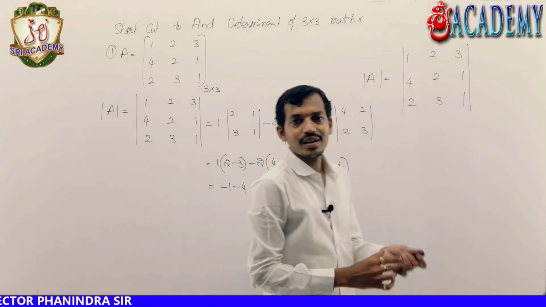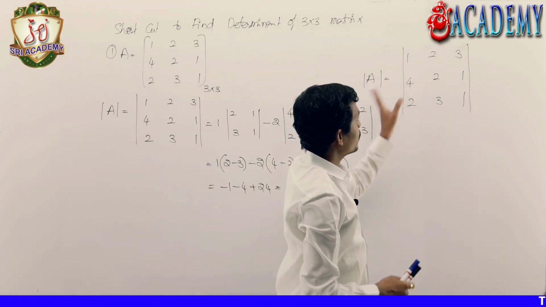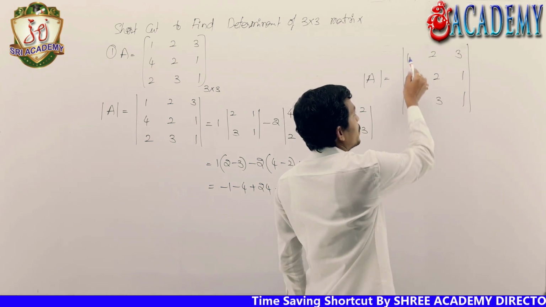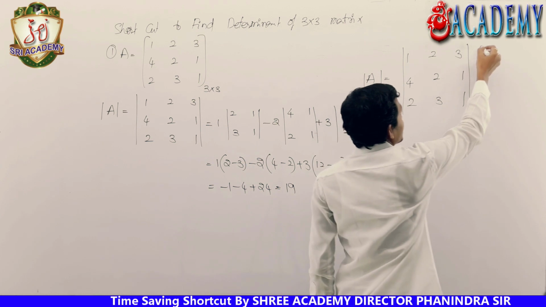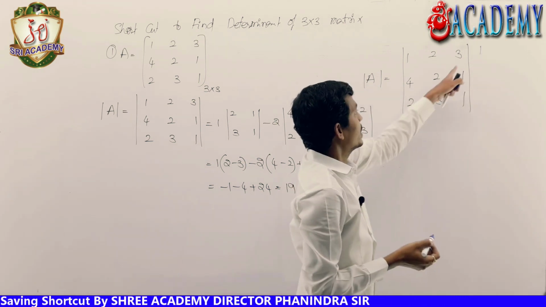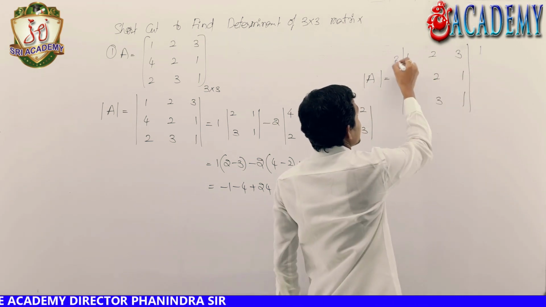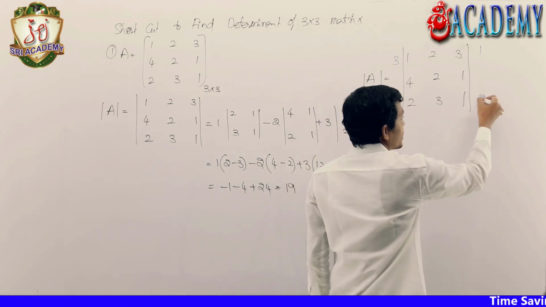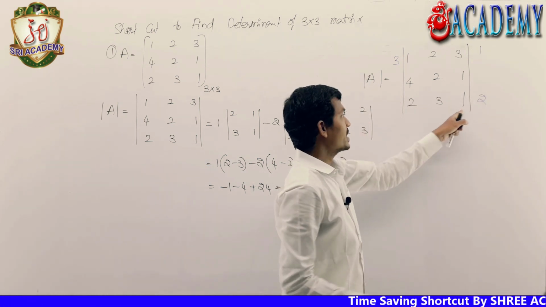First step is I am writing some more elements here: the first element at last, the last element at first, and from the last row also the first element at last and the last element at first.